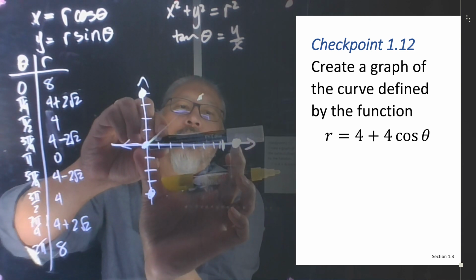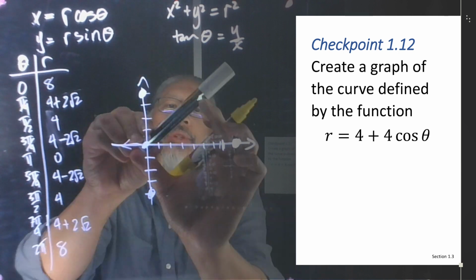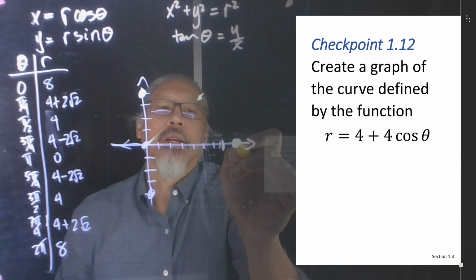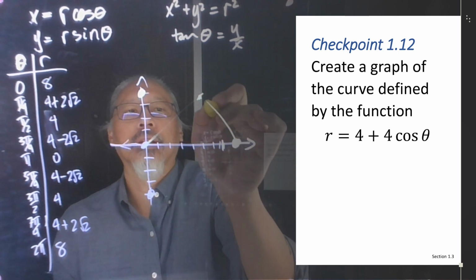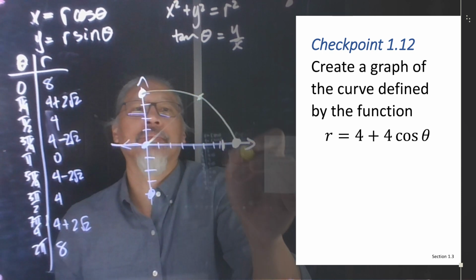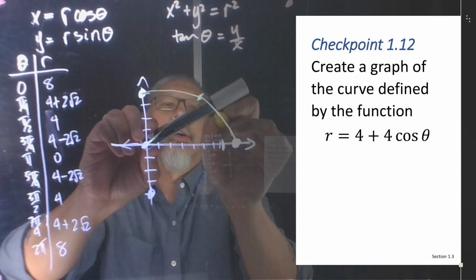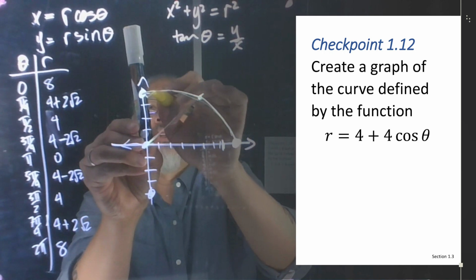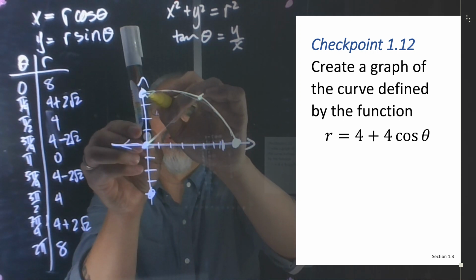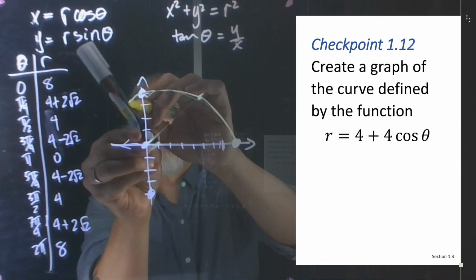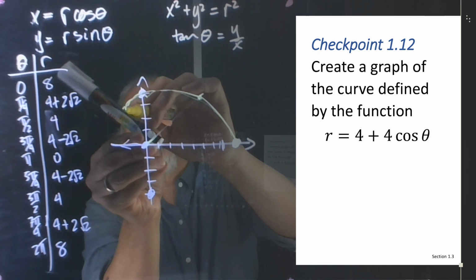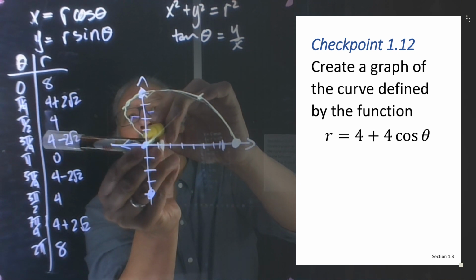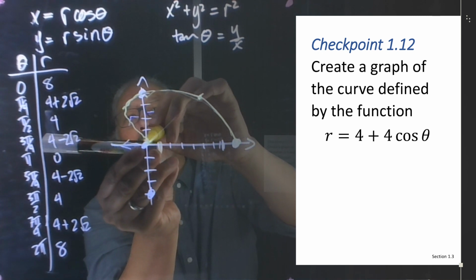So 8 is this long, 4 is this long, so somewhere in between. And it looks like as you're going along here, it'll shrink down. And as you go over here, it'll get even smaller, and by the time you get to pi, it'll be at 0.